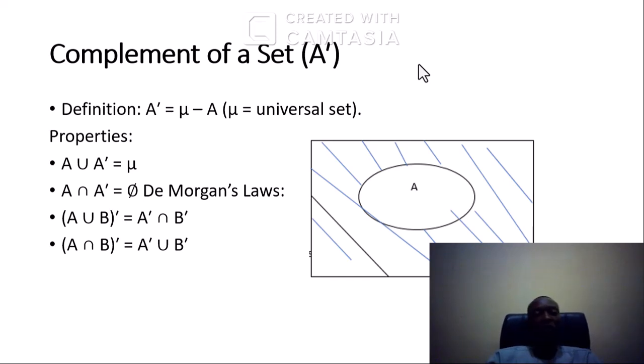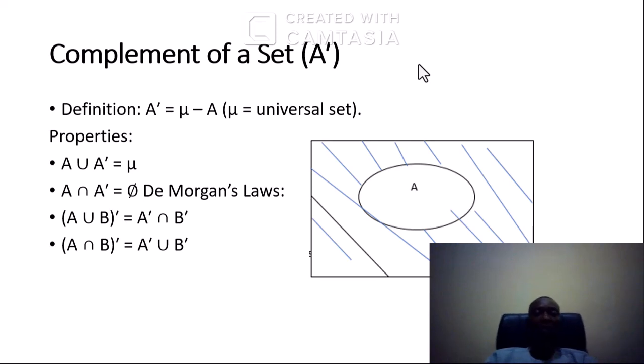So the complement of set A is every other student in National Open University of Nigeria except those ordering MTH 106.